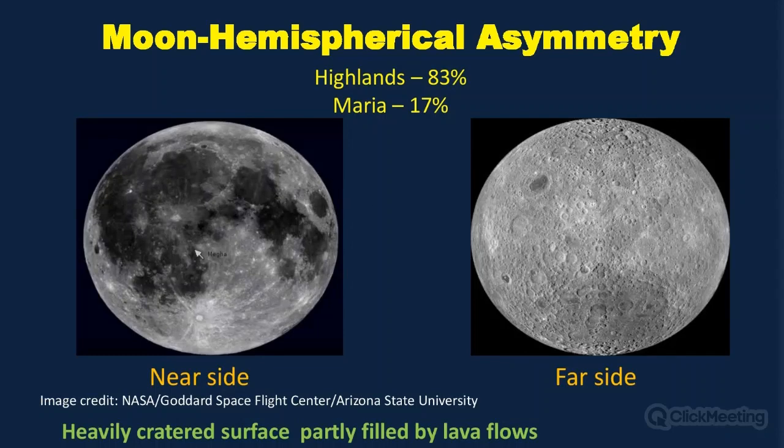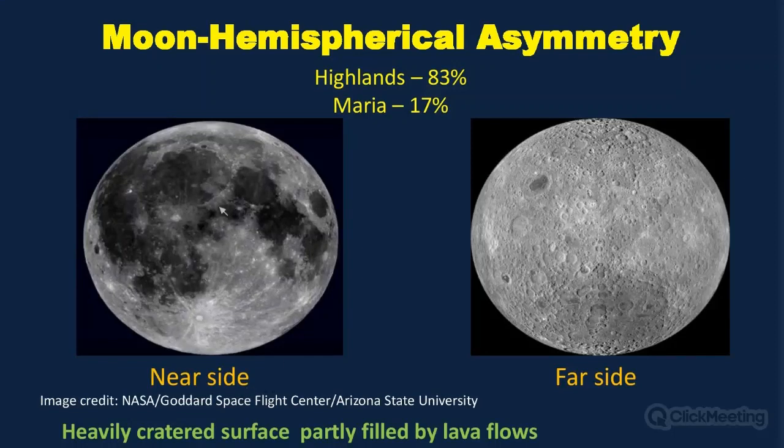And at that time our understanding was that the far side of the Moon, or the other side of the Moon, would be similar to this. But when we got our first pictures, we realized that that is not the case. So there is hemispherical asymmetry between the near side and far side of the Moon. The general observation is that it's a heavily cratered surface, and partly filled by lava flow.